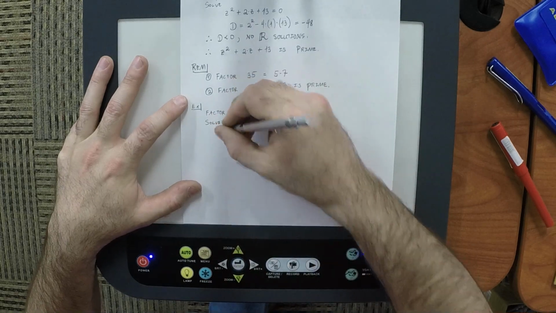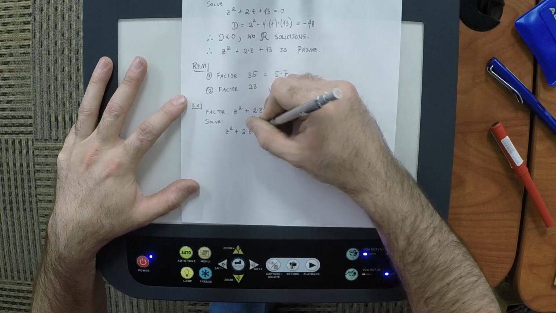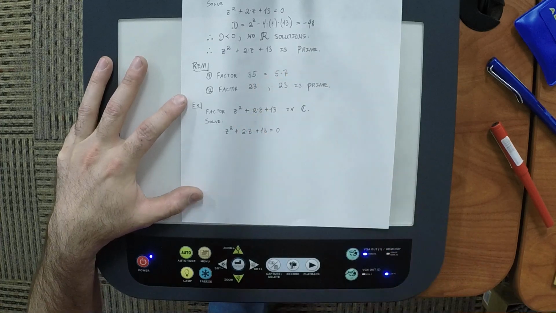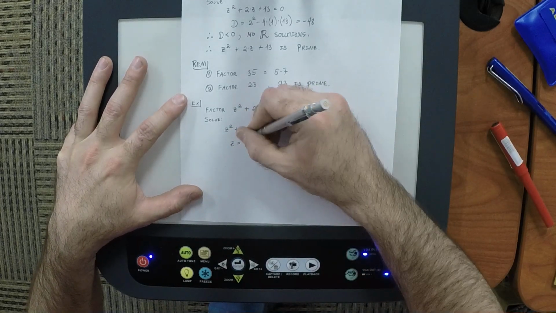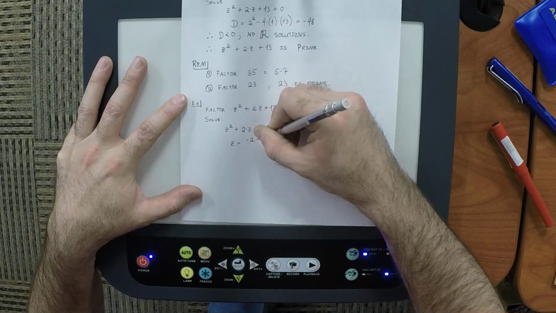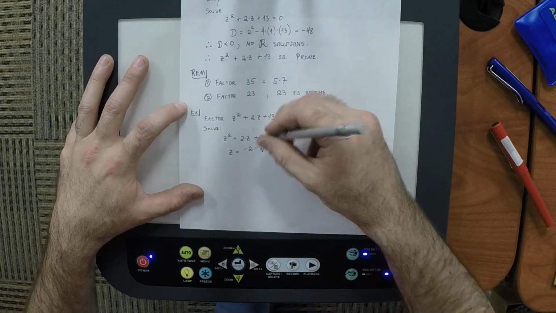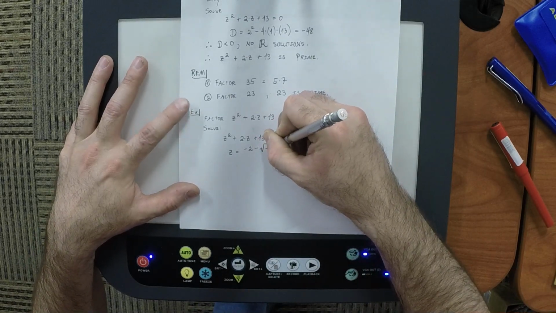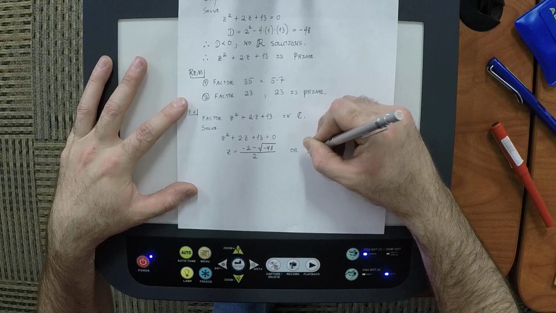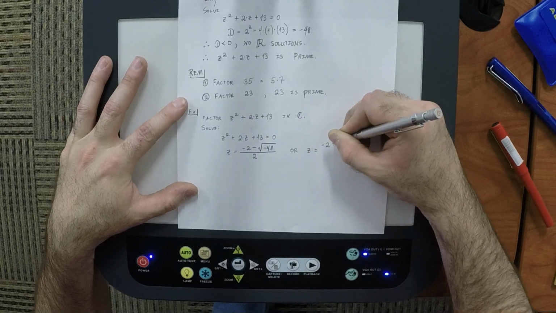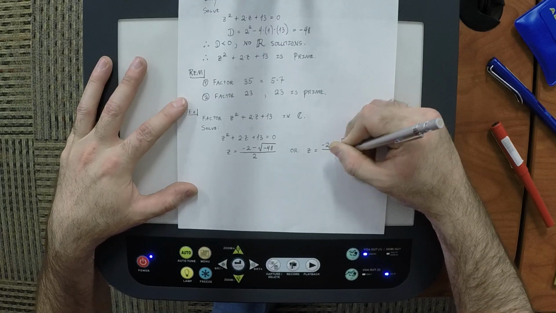Okay. So we're going to solve z squared plus 2z plus 13 equal to 0 with the quadratic formula. One of the possibilities is that z is negative 2 subtract the square root of the discriminant, and notice that we wrote the discriminant up there, and I'm trying to hurry through this because I'm against the clock. So this would be over 2, or negative 2 add the square root of the discriminant over 2.